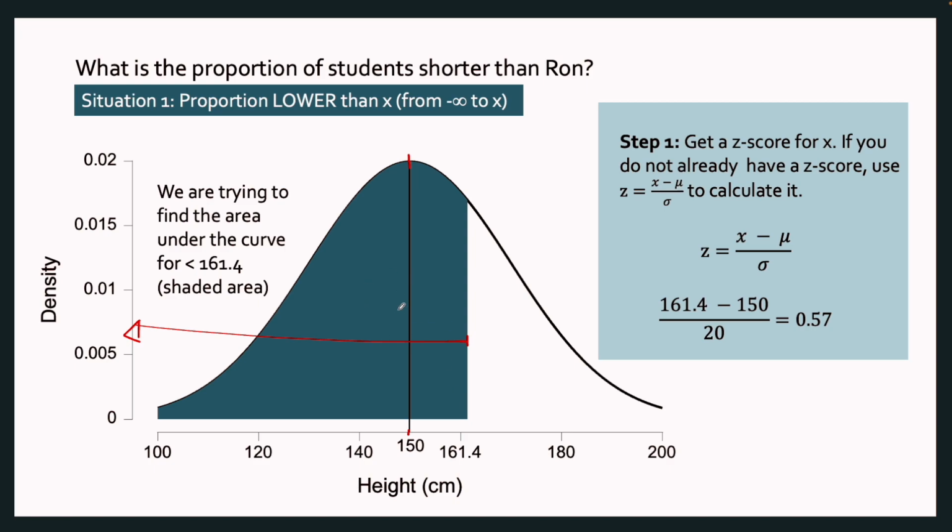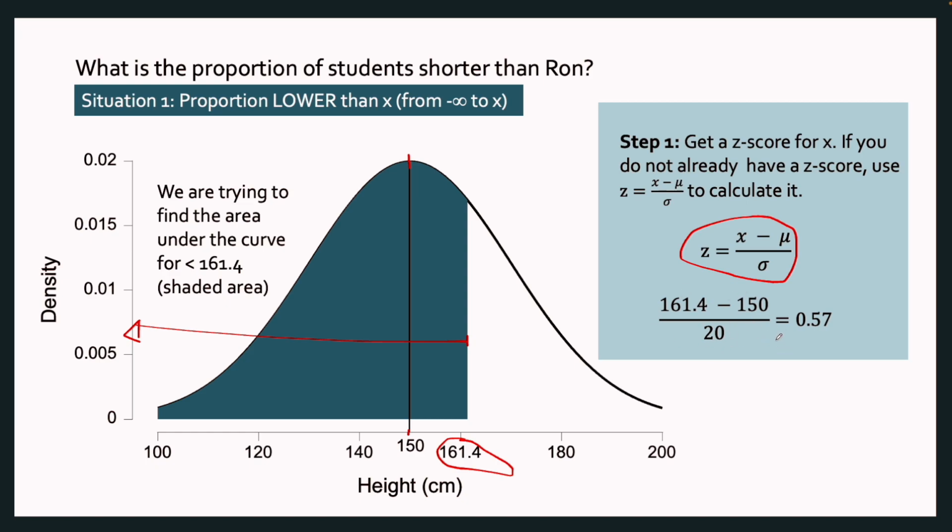Once we have established these facts, we need to calculate the z-score. This is a very simple formula to calculate z. Then we need x. X is our value of interest here, which is Ron's height, 161.4. Then this is the mean, 150, divided by the standard deviation 20.